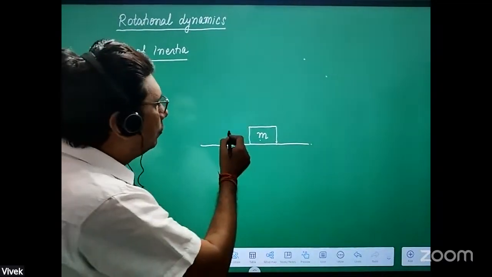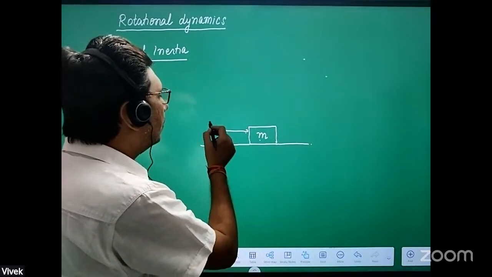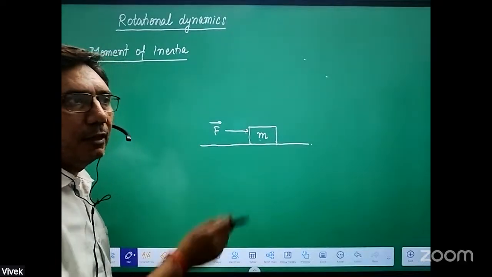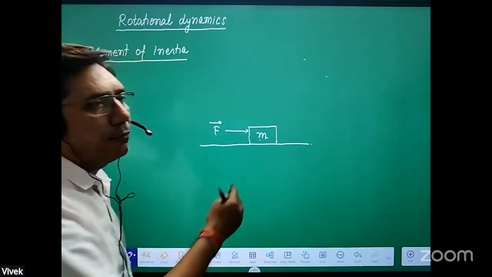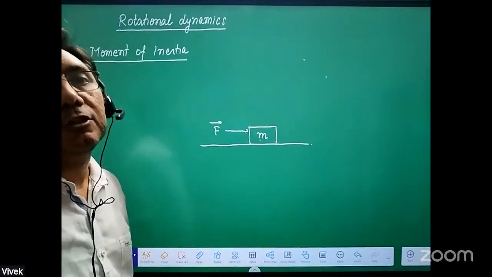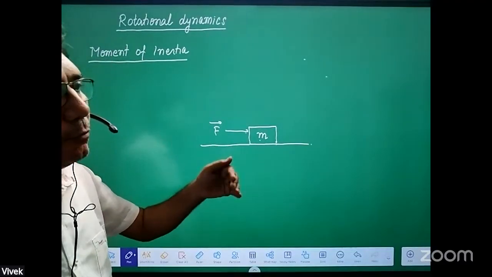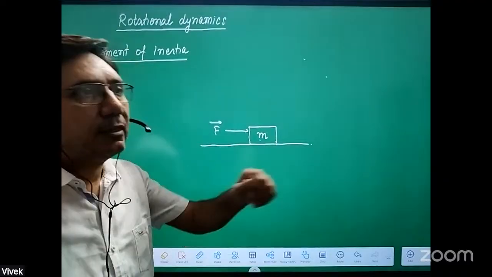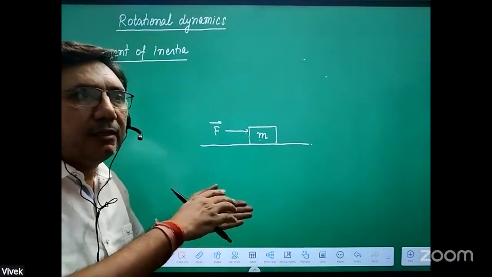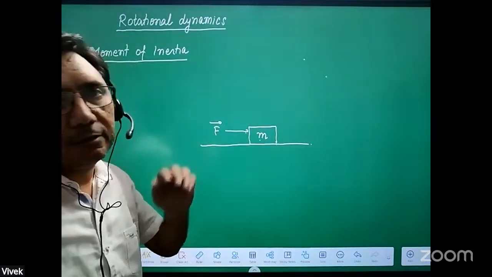What you have to do is apply a force, and as a result of the application of force, this state of rest may convert into a state of motion. When you apply a force, there will be some resultant momentum and it will start moving. So we are changing the state by the application of the force.